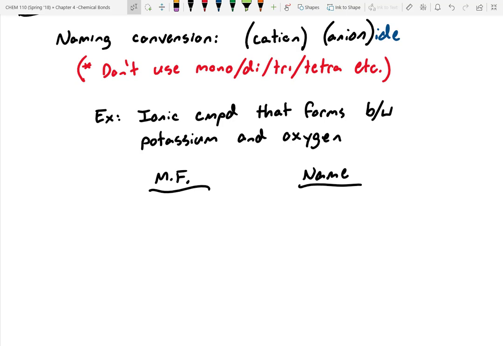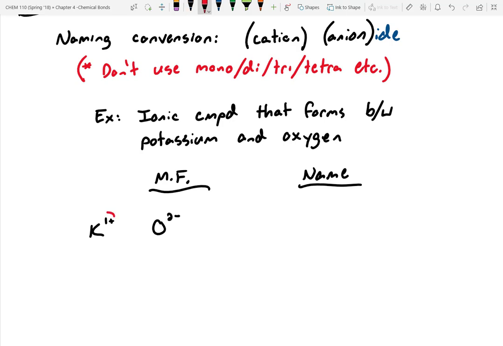So if you remember with the molecular formula, the easy trick you can do is to draw out your cation and your anion, right? So potassium would be our cation. What charge does potassium always have? 1, right? So it'd be 1 plus, since it's a cation. And then we've got oxygen over here. What charge does oxygen have when it's ionic? 2 minus.